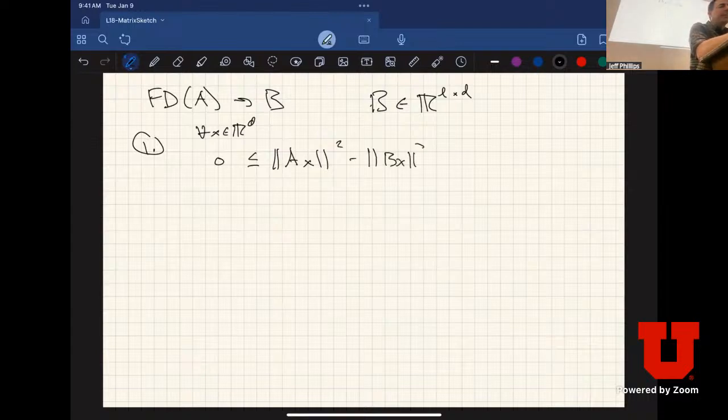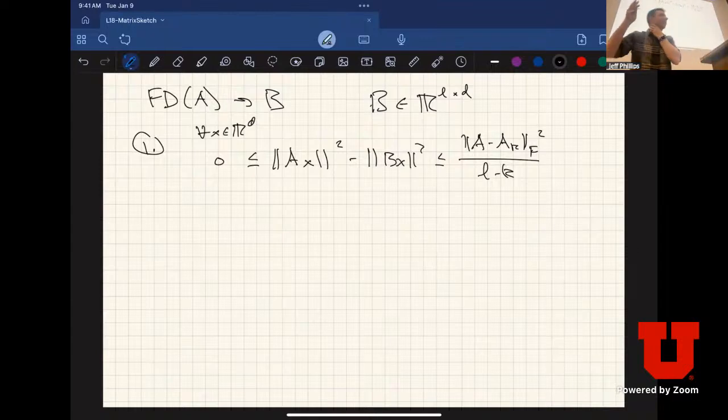Okay, so what does this say? It says for all directions X, think of it as a unit vector, so say the norm of X is equal to 1.